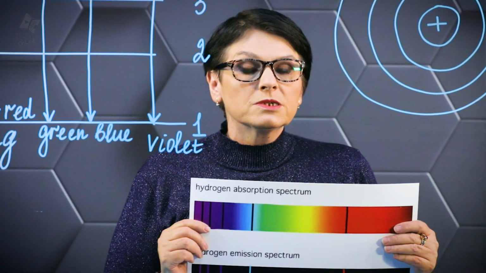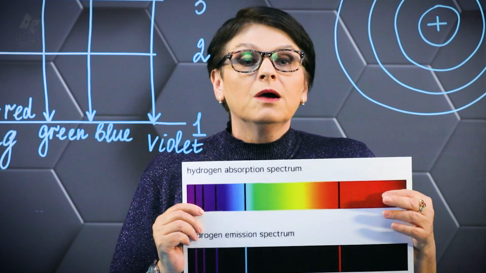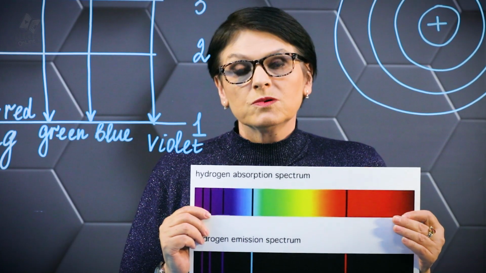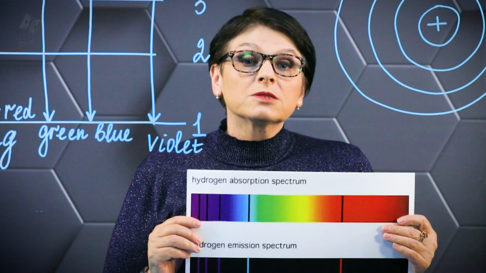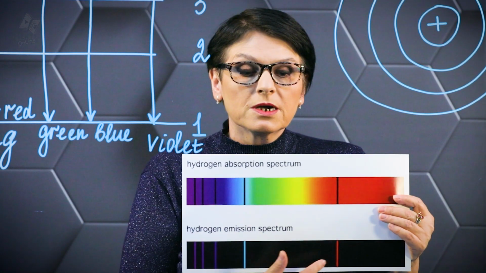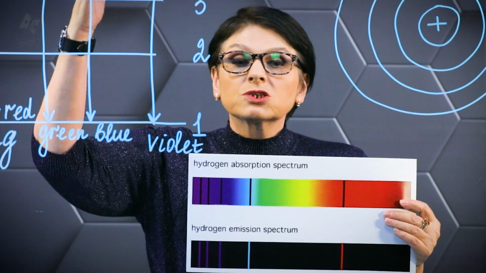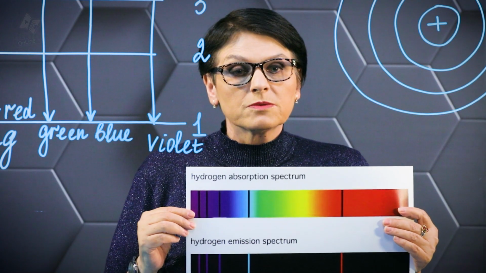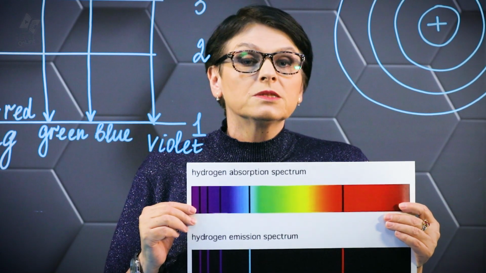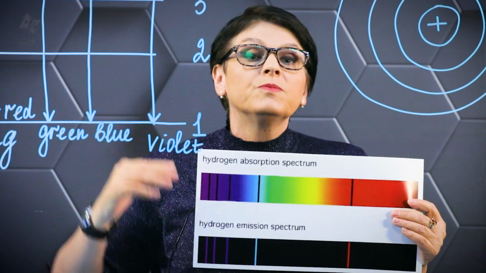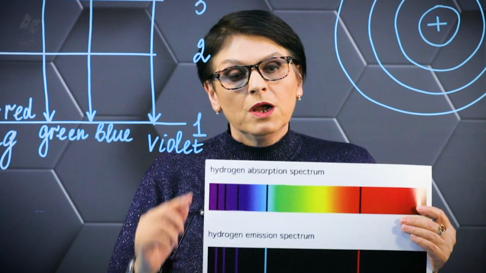The smaller the transition, the more it corresponds to the red light that we can observe in the visible spectrum. Thus, the lines of the hydrogen atom that we see here are deciphered as transitions from the upper energy levels towards the first energy level.